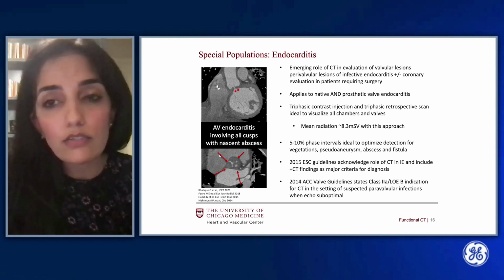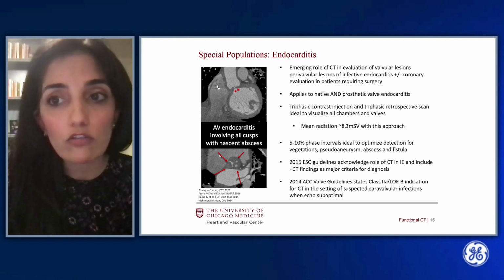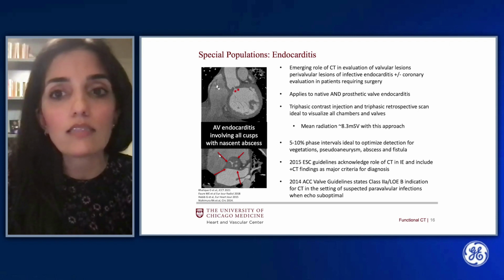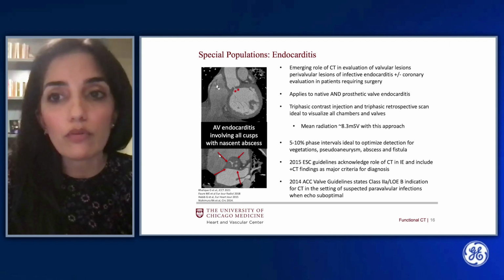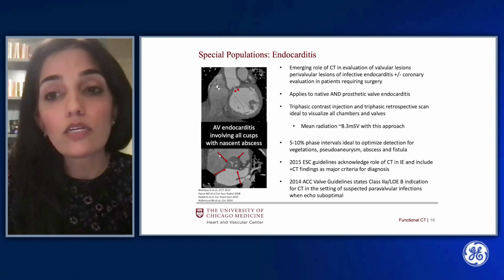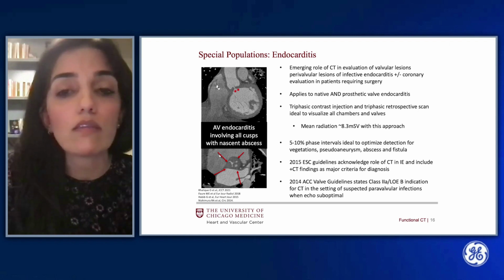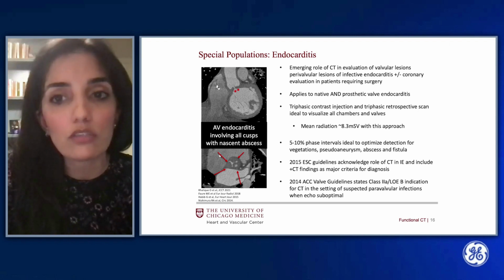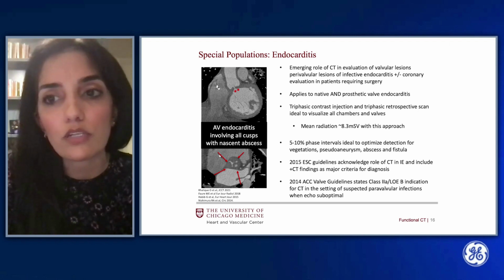A triphasic contrast injection and triphasic retrospective scan may be optimal, as it will allow for opacification of both the right and left heart to better visualize all valves, and non-contrast and delayed phase imaging may help in the determination of abnormal fistulous tracts or perivalvular complications.